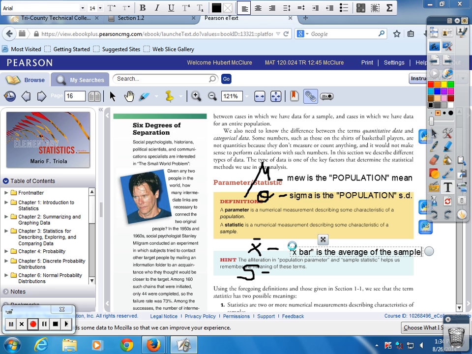Or the sample mean. S is the standard deviation of the sample.